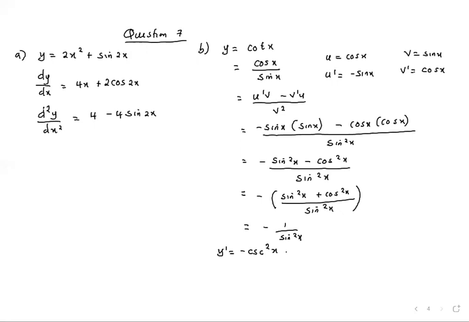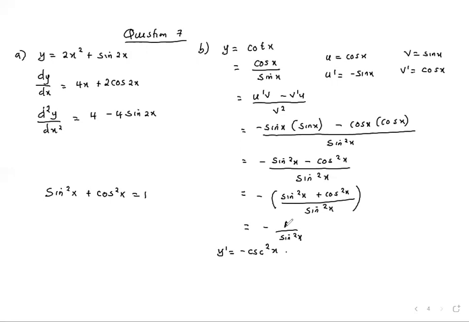Are we canceling the sine squared x? Remember that at some point in trigonometry we mentioned that there was the most important identity, which is sine squared x plus cos squared x is equal to 1. And that is our numerator. Okay, thank you.